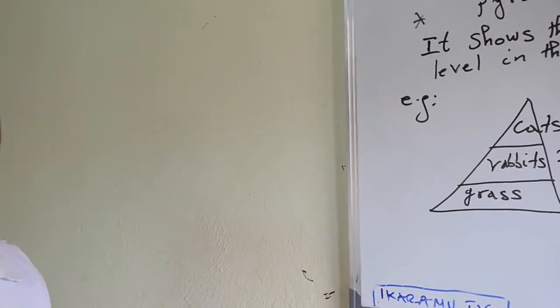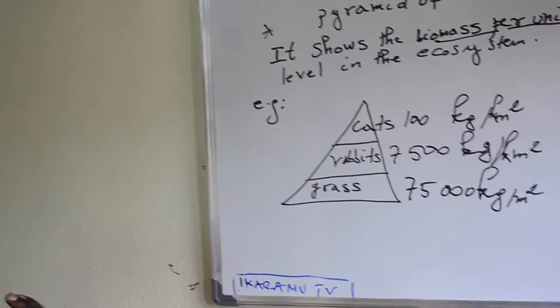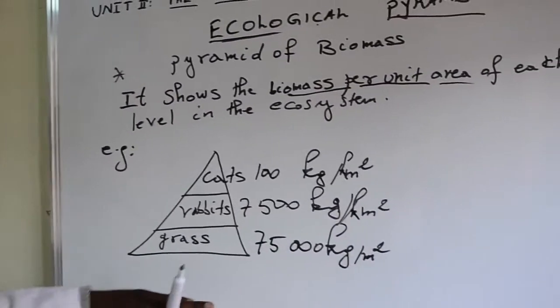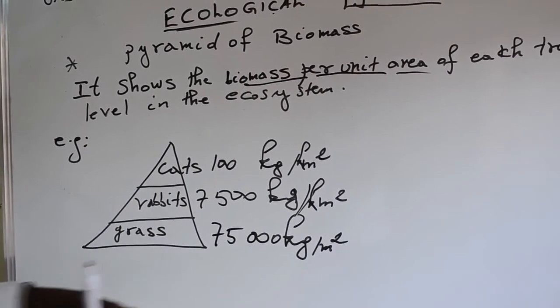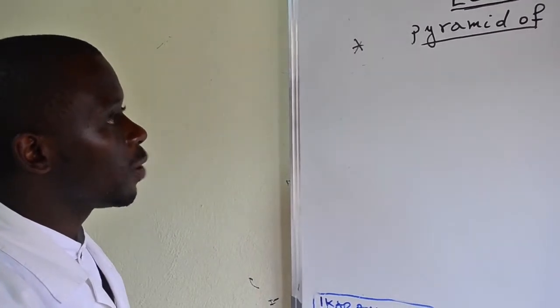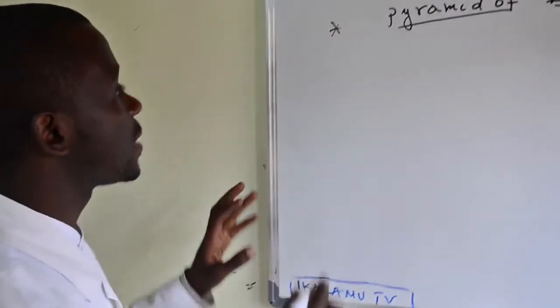Okay? Dear students, we are moving to the third, which is the last pyramid. I hope you understood this well. We are now moving to the pyramid of energy. For this pyramid of energy, there is only one exception.